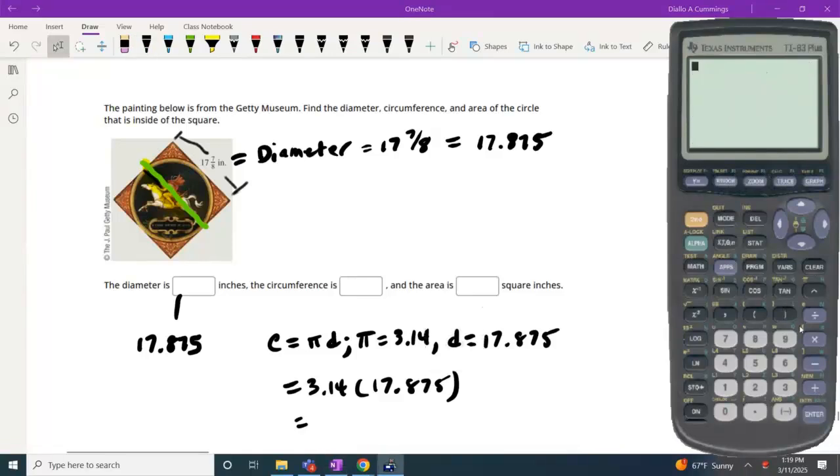So if we put that into the calculator, 3.14 times 17.875, we have 56.1275.